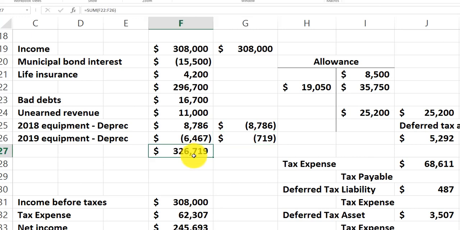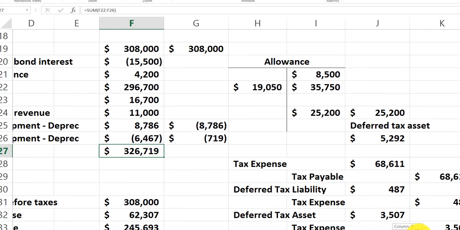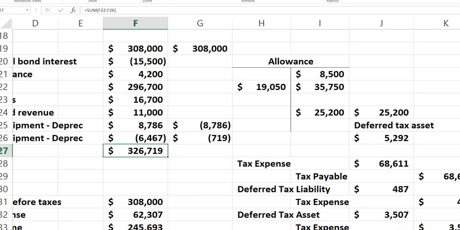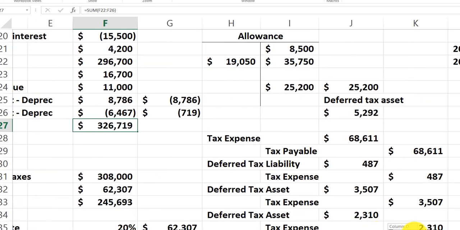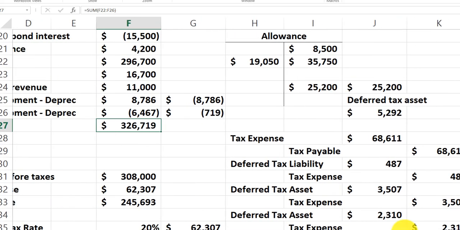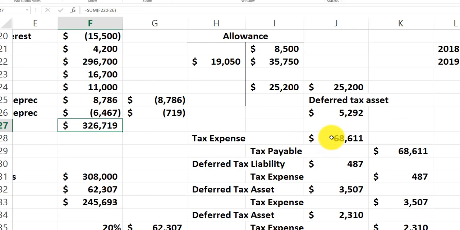Finally, our taxable income is $326,719. We come over here and do the same thing as before. We take that number and multiply it by the tax rate and get our tax expense and taxes payable.